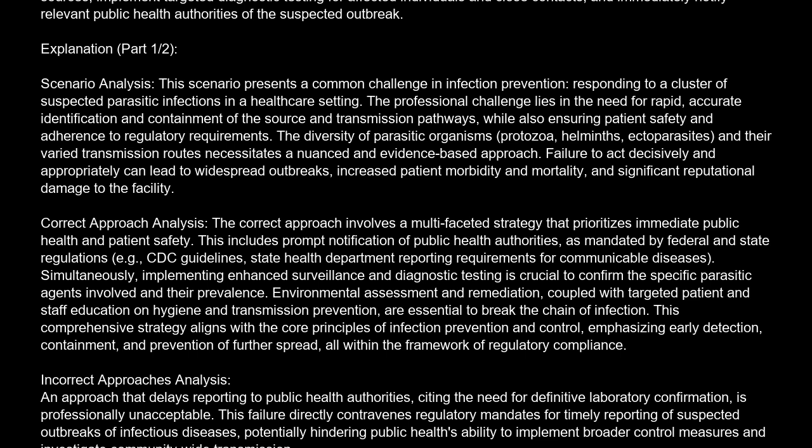Incorrect approaches analysis. An approach that delays reporting to public health authorities, citing the need for definitive laboratory confirmation, is professionally unacceptable. This failure directly contravenes regulatory mandates for timely reporting of suspected outbreaks of infectious diseases, potentially hindering public health's ability to implement broader control measures and investigate community-wide transmission.